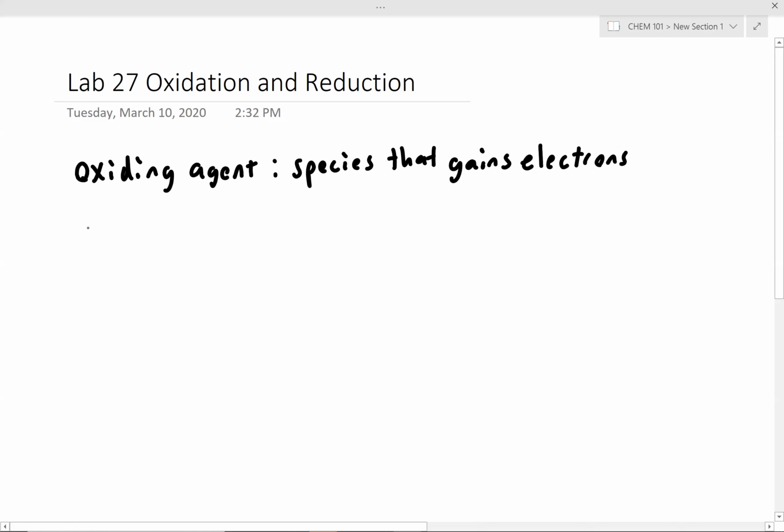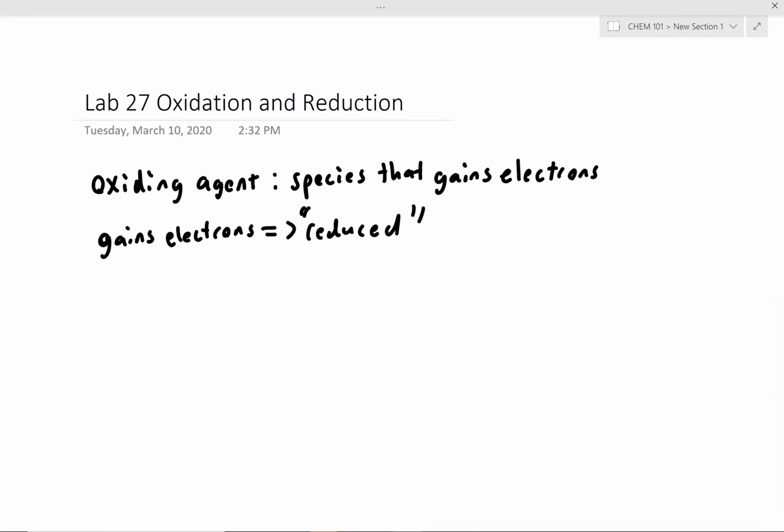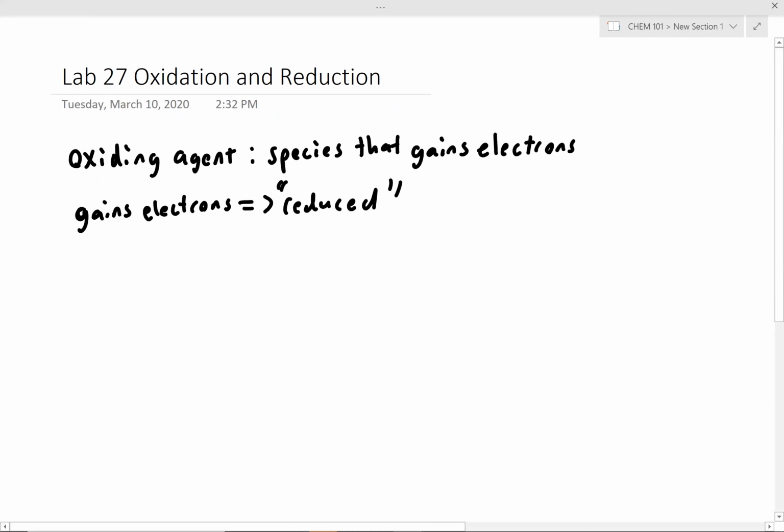And when something gains electrons, it's considered reduced. Okay? So this is the nomenclature that we're going to use for oxidation and reduction reactions.